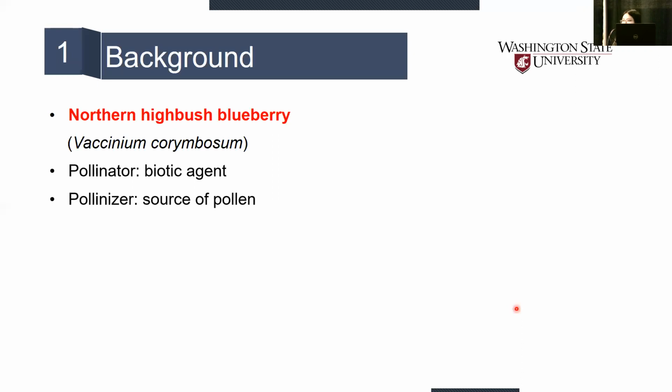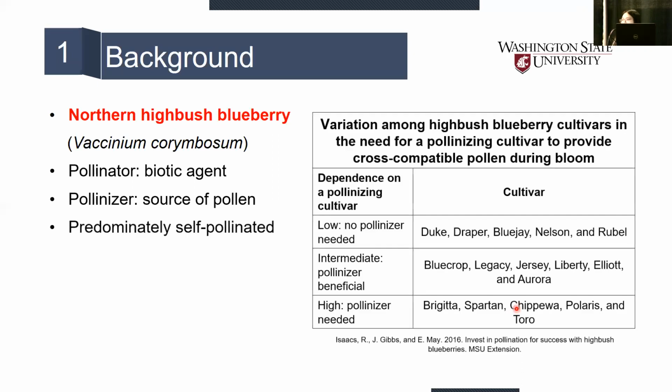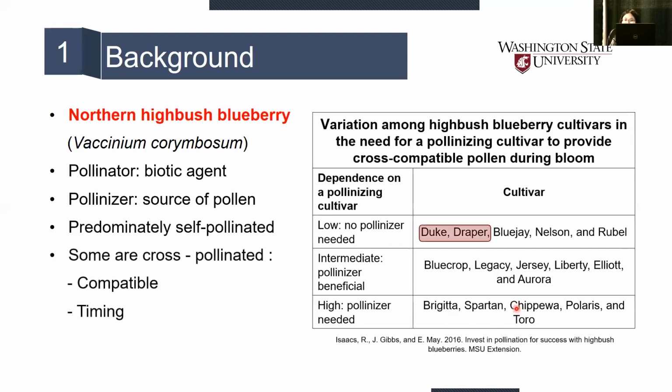And in blueberry, most cultivars are self-pollinated. That means the stigma receives the pollen from the same cultivar, so they can be fertilized. For example, Duke and Draper in this table. And some cultivars are cross-pollinated.